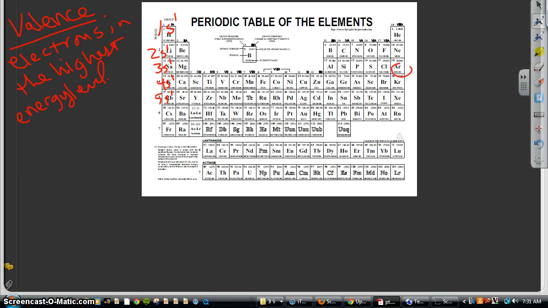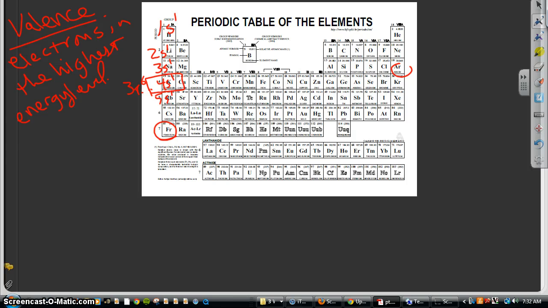Well, argon, if we were to look before that, we would see that it ends in like 3p6, and then 4s1. So that 4s1 is actually the highest level. So if you were to do a valence electron configuration for potassium, it would just be 4s1. And for francium, it would be 7s1.